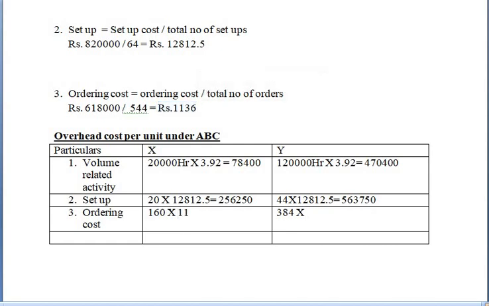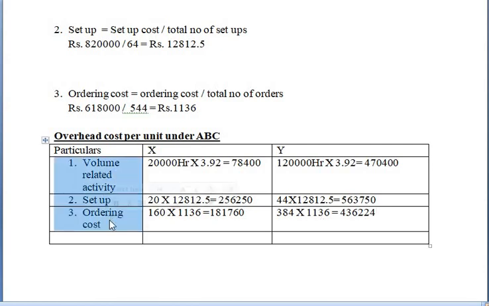Multiplied by 1,136, you will get 1,81,760 for X and 4,36,224 for Y. Now all the activities are over.